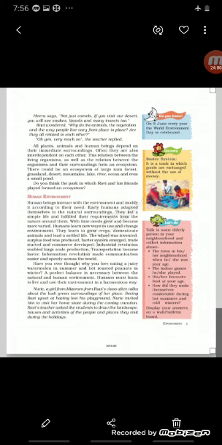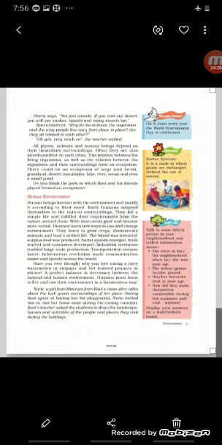So in this class we learned about environment, components of environment, natural environment, human environment. We learned many things about our surroundings.